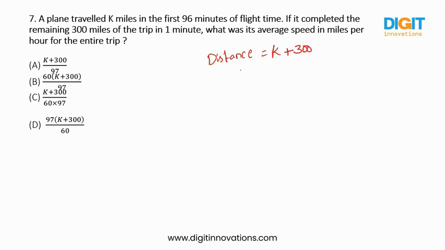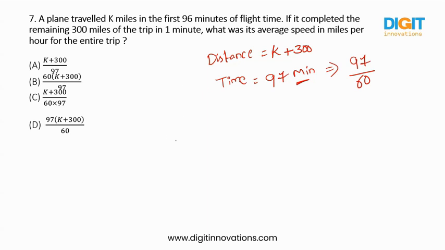Total it is k plus 300. For the starting k miles it would be 96 minutes and for the remaining 300 miles it would be 1 minute, which is a total of 97 minutes. They're asking miles per hour. It is in minutes, so I have to convert into hours. So I'll divide by 60. 97 by 60. Let us keep it that way.